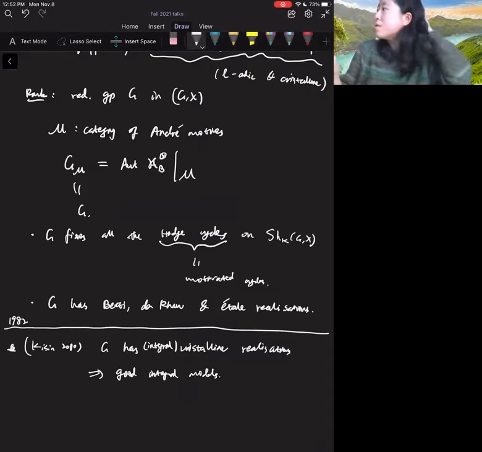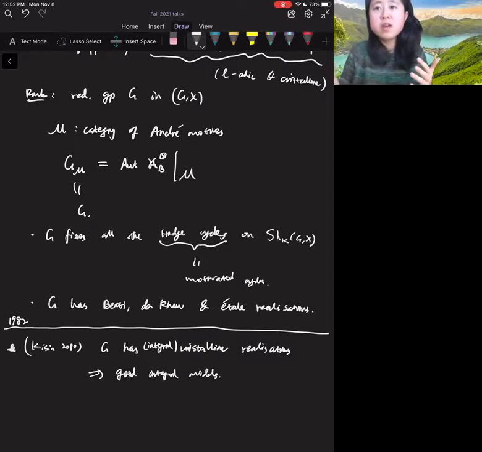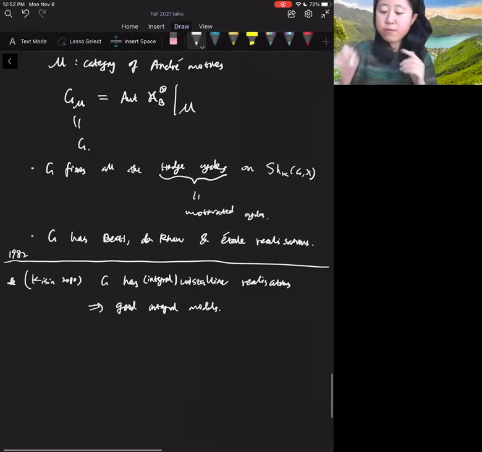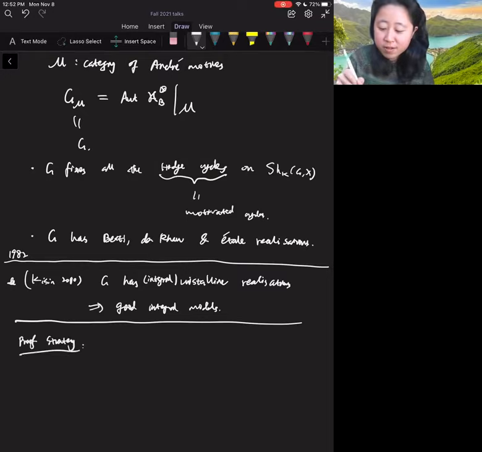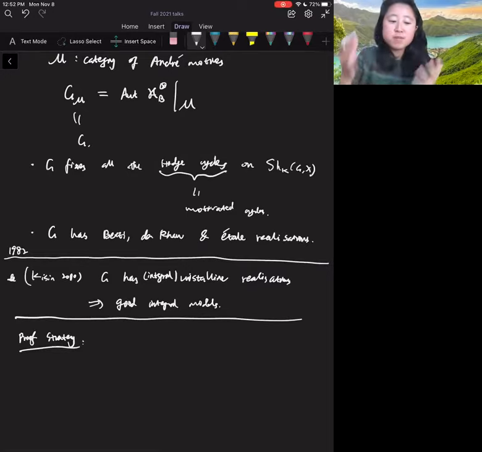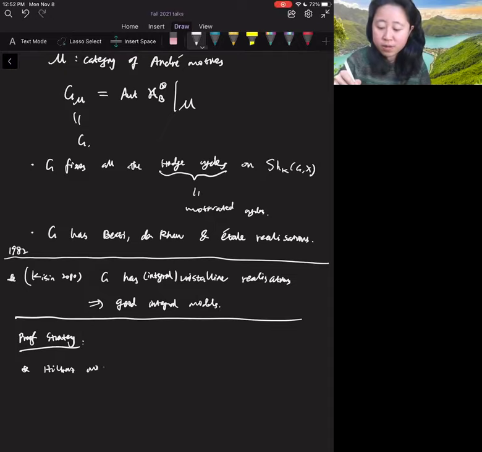The Dieudonné module is associated to the p-divisible groups corresponding to the abelian varieties parameterized by your Hodge-type Shimura variety. If there is time in the end, I can say more about this. But for now, let me give you a quick sketch of the proof strategy for my results. Let me first motivate it by giving you a very down-to-earth, simple proof for Hilbert modular or PEL type, or more generally PEL.